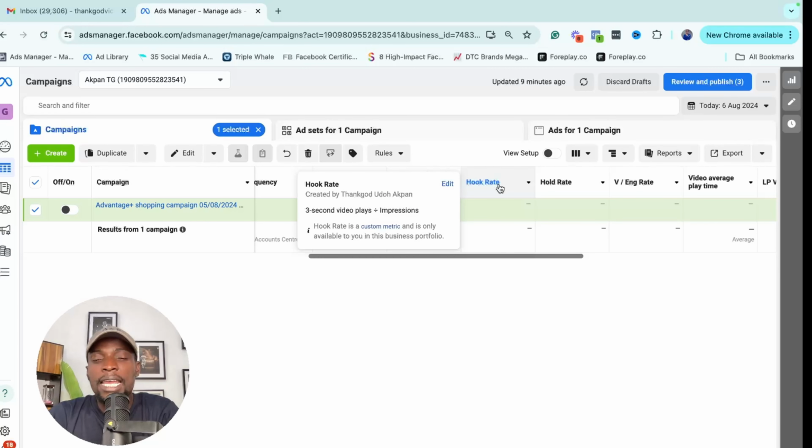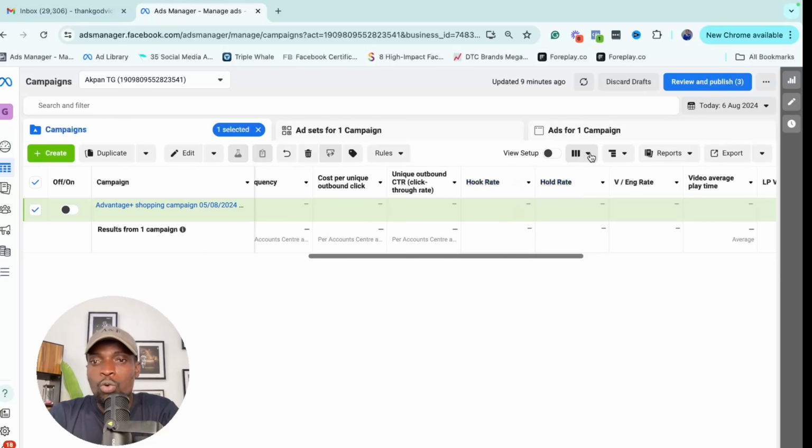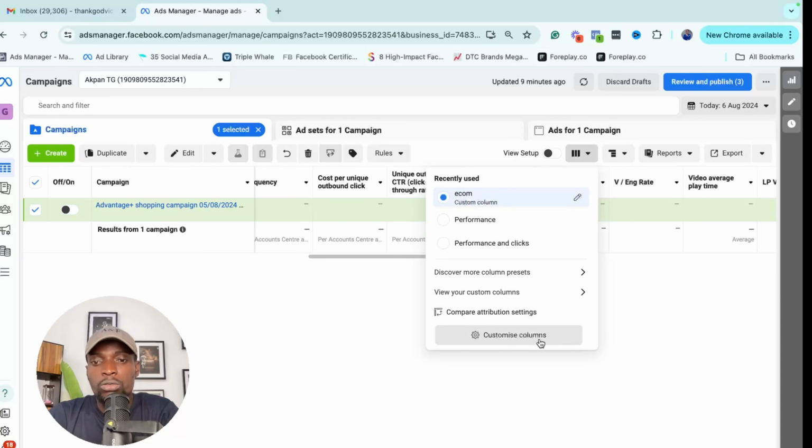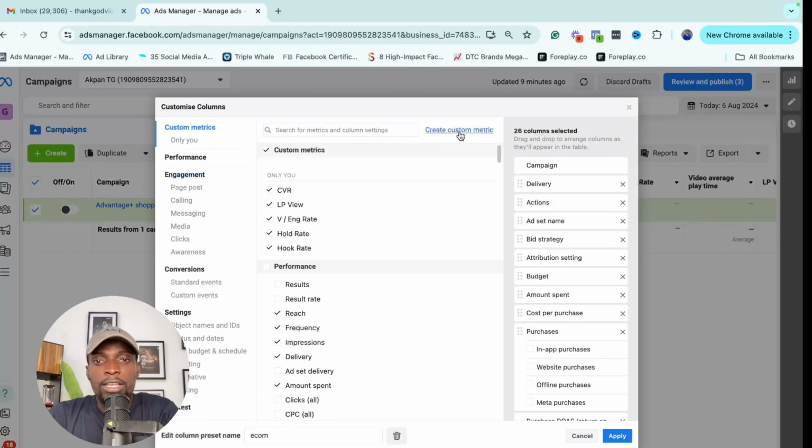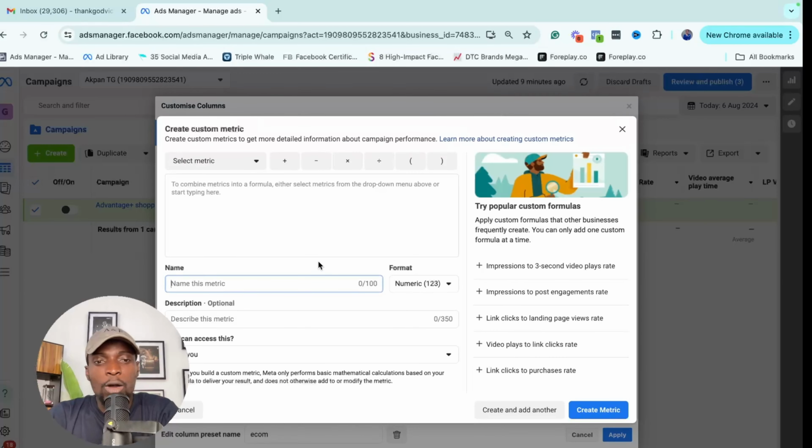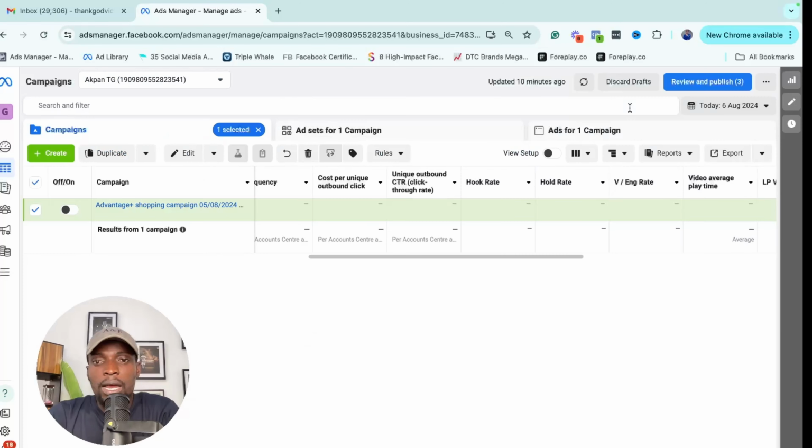Now, this is a custom metric that you will need to create in the ads manager yourself. So when you click on this button here, let's say you want to customize a column and you click on create custom metric, it gives you the option to create metrics like this because they are not already in the ads manager. So what it means is your hook rate is the first 3 seconds of your video. How is your video hooking people and then making them to actually stop the scroll?